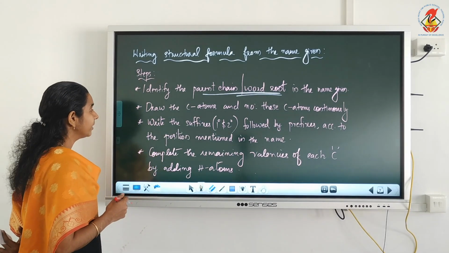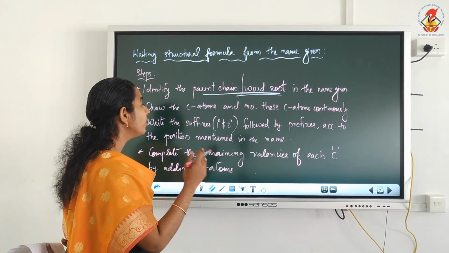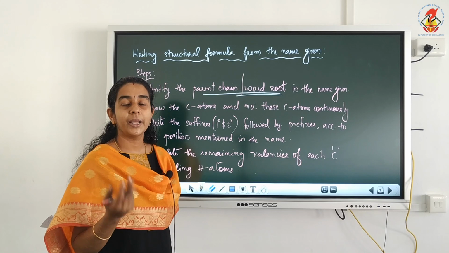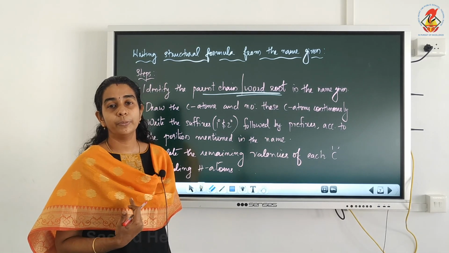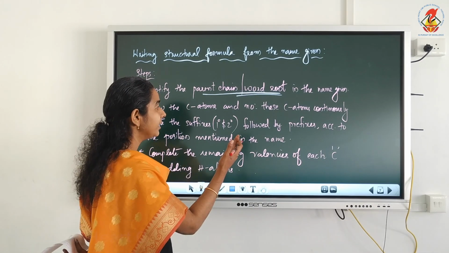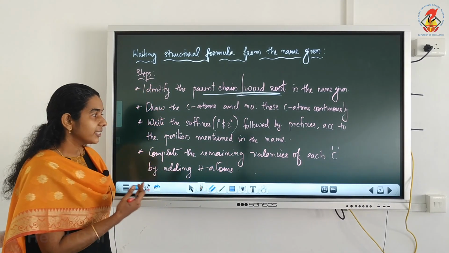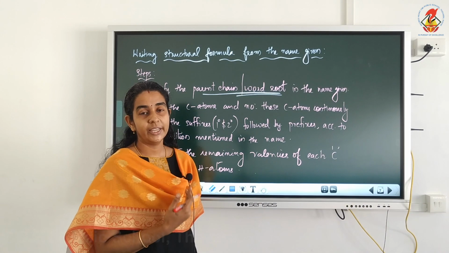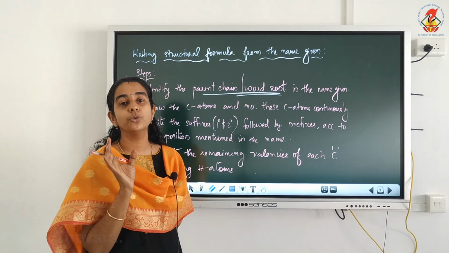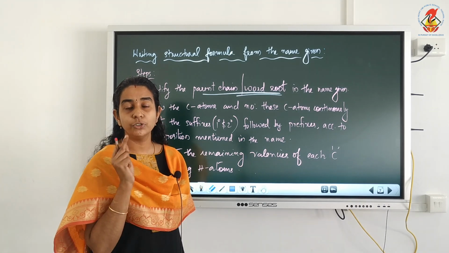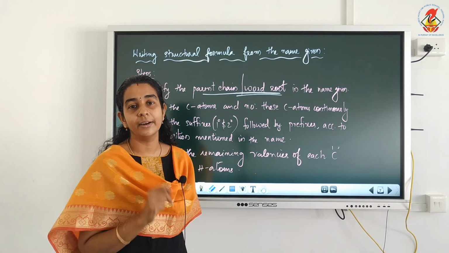Now, after numbering the carbon atoms, write all the suffixes. The primary suffixes and secondary suffixes we write first, followed by the prefixes. That means the prefixes, which are given in alphabetical order, we write according to the position given. For example, if there is 2-methyl, that means we have to draw 1 methyl group on the second carbon.